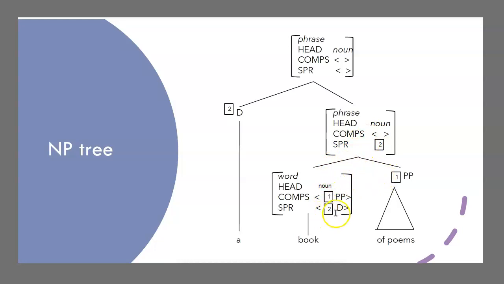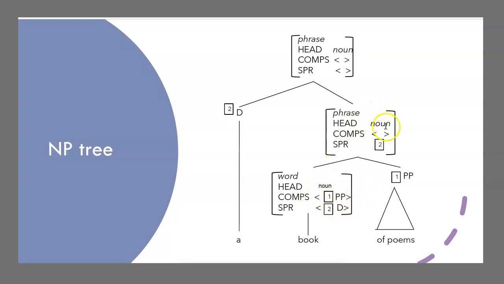So the comps becomes empty because of the head complement rule. The specifier remains the same because of the valence principle. The head value of the head daughter is the same as the head value of the mother by the head feature principle. Now two principles and one rule we have applied: the HFP, the valence principle, and then the head complement rule.